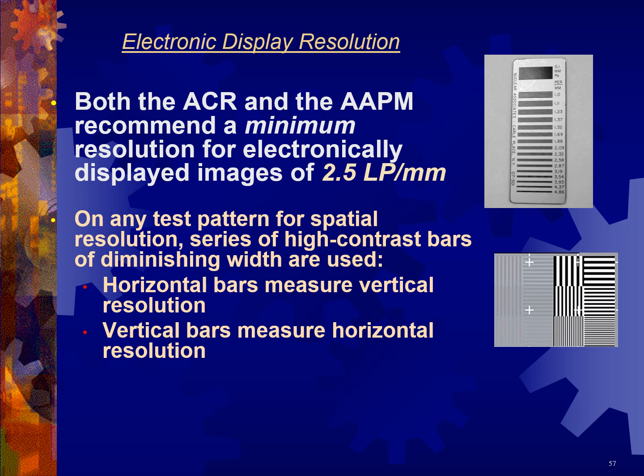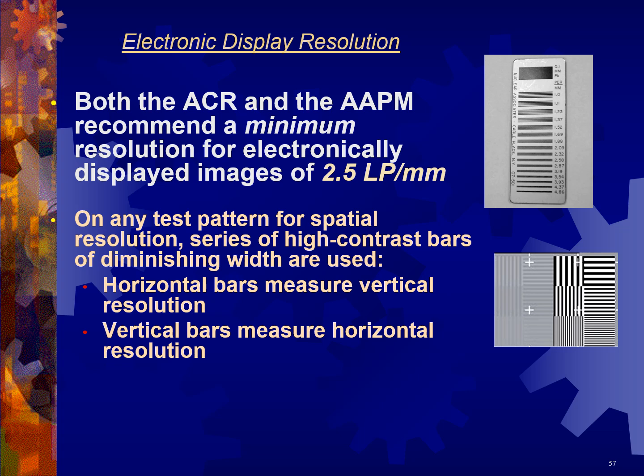ACR and the American Association of Physicists in Medicine recommend a minimum display resolution of 2 line pairs per millimeter. Okay? And that's both horizontal and vertical. So when you measure line pairs per millimeter from a monitor, you have to do a vertical spatial frequency test and a horizontal spatial frequency test, because a lot of times it's not the same number.